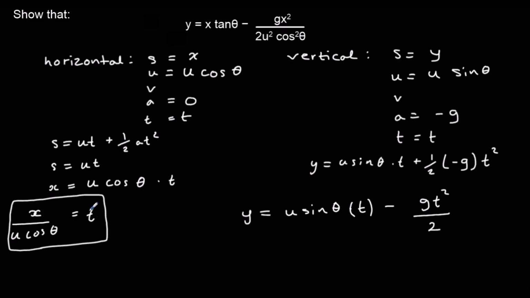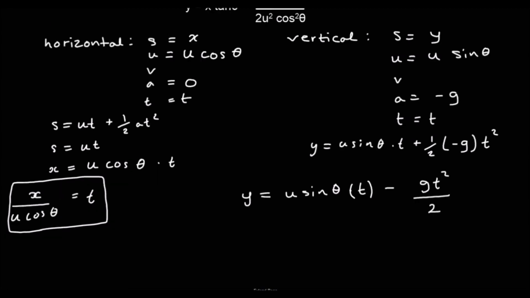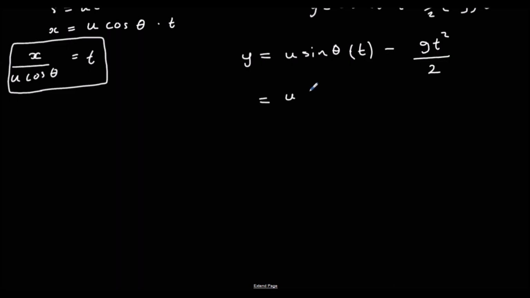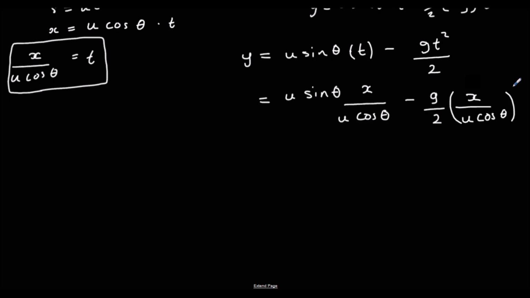Now we're going to substitute in for t. We're going to substitute in x over u cos theta. So we've got u sine theta times x over u cos theta minus g over 2 times t squared. So it's x over u cos theta squared.